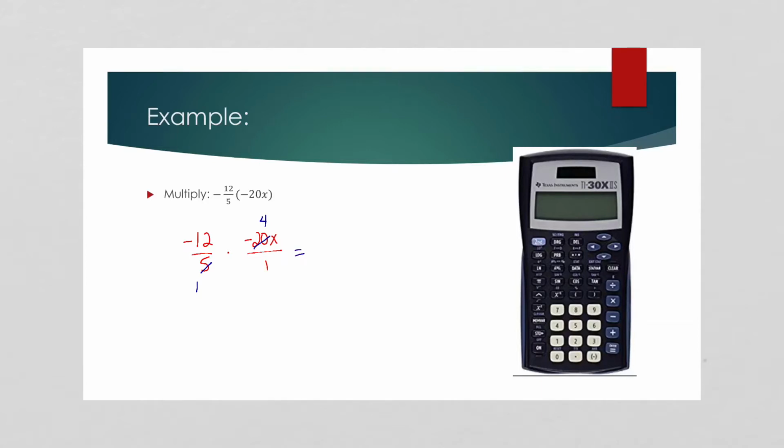So now what I'm actually multiplying is negative 12 times negative 4x over 1 times 1. Negative times a negative is a positive. So I get 48x as my answer.